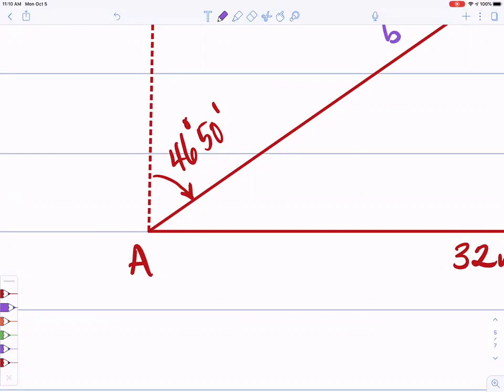Remember that dashed line was my north line, and the horizontal line was my east line. And what do you know about an east line and a north line? They have to meet at a right angle. All right, so let's find the missing angle. So you're going to want to do 90 minus 46 degrees, 50 minutes.